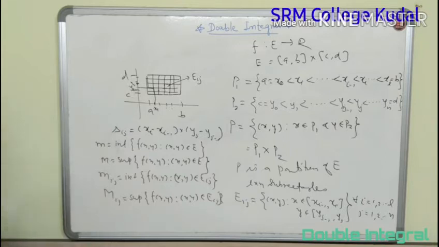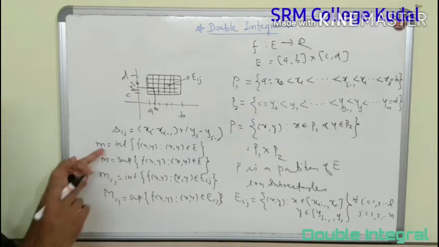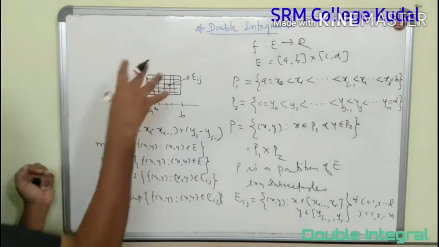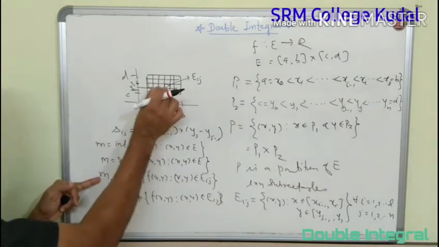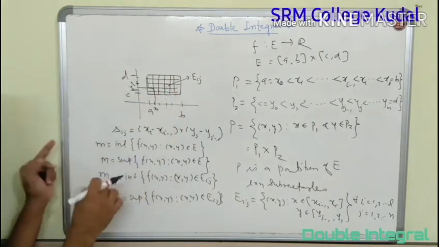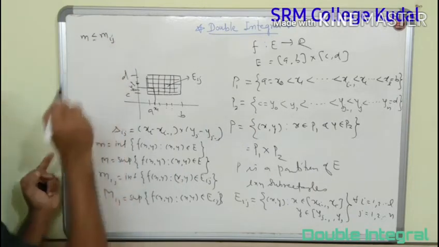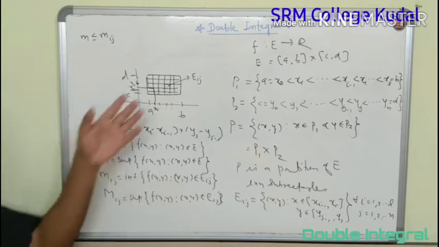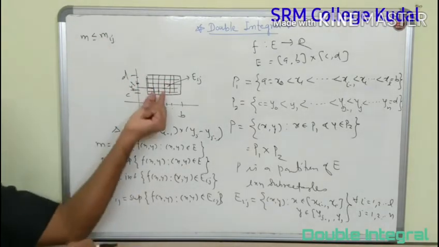So these are 4 different real numbers. Now what is the relation between these numbers? Small m is the infimum of f on whole of E, and small m_ij is the infimum of f on some small part of E. So m will obviously be less than or equal to m_ij, because this is the smallest on whole of E and this is the smallest on a part of it.